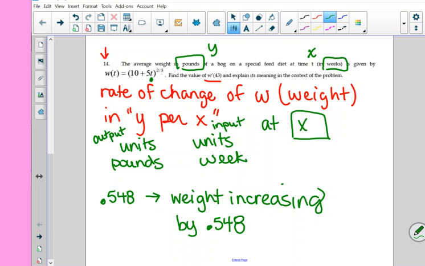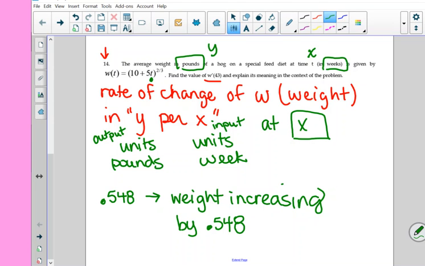I'm willing to bet, and we could explore this, like what's W prime of 36 or W prime of 20, that probably this function is growing, but then the growth slows down. We could look at the graph and see that.